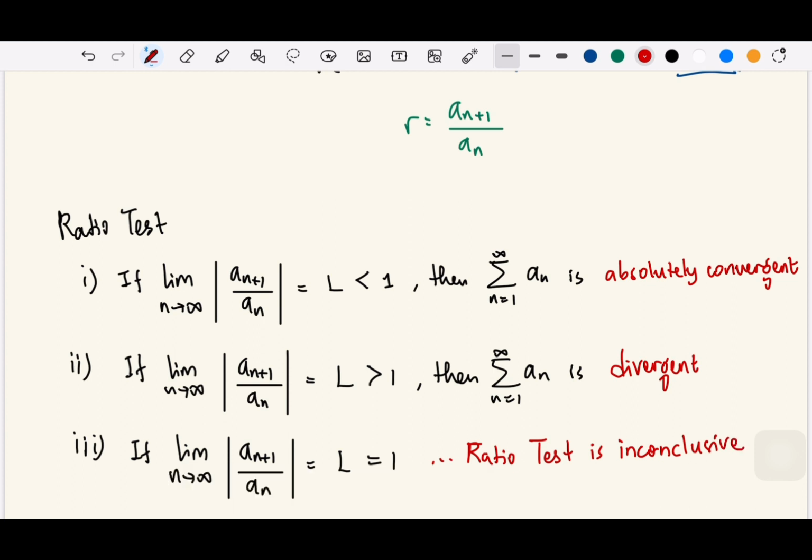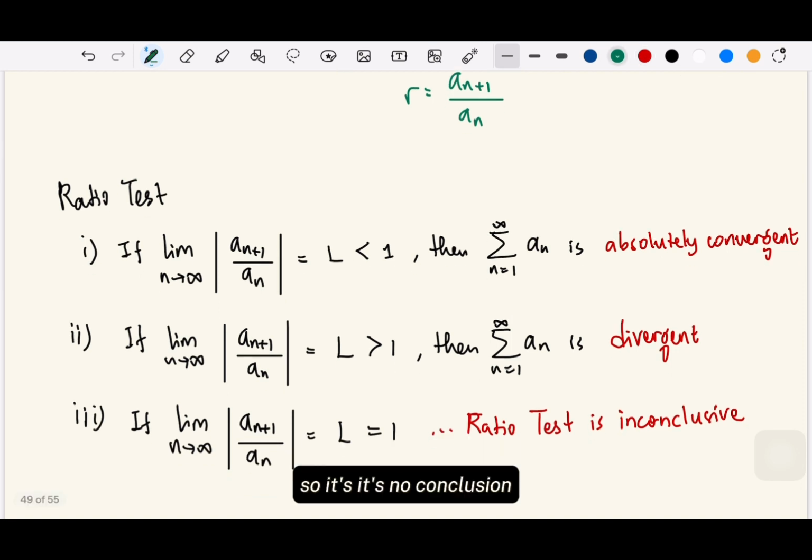We cannot make a conclusion. So it's no conclusion.